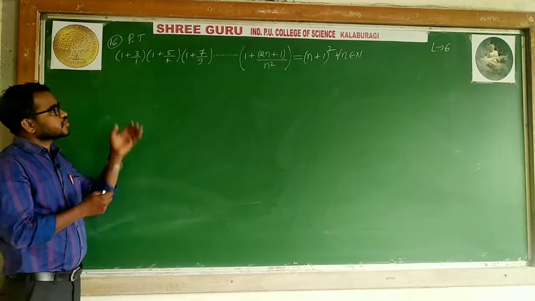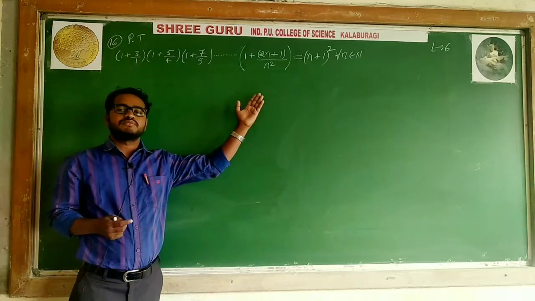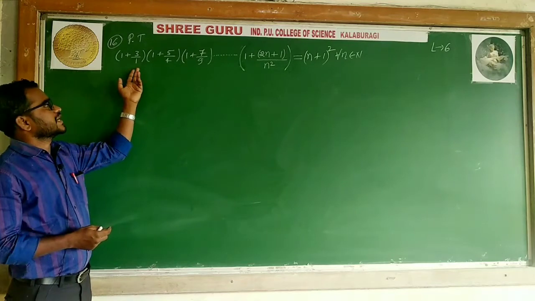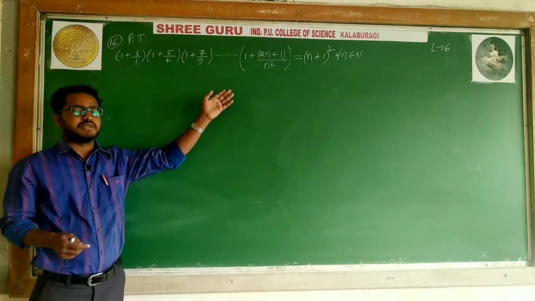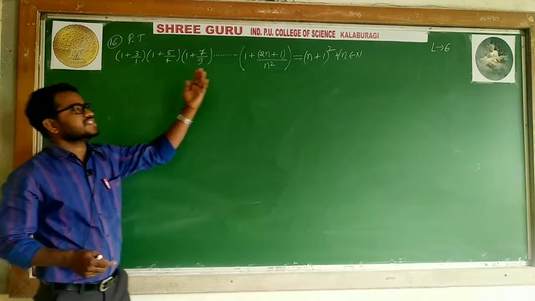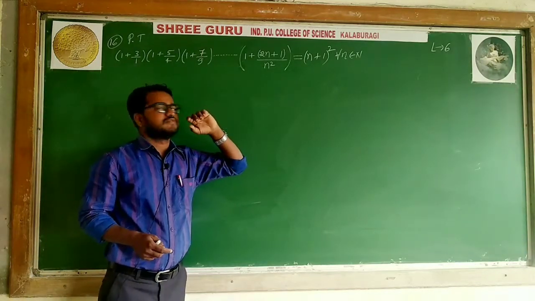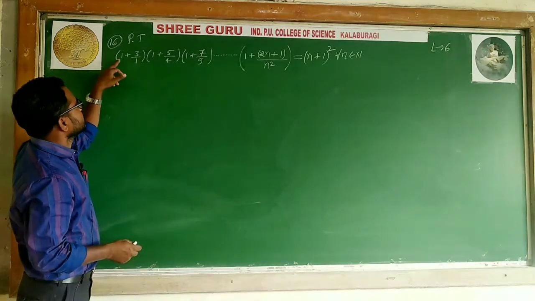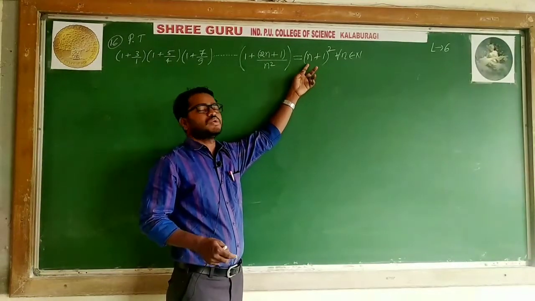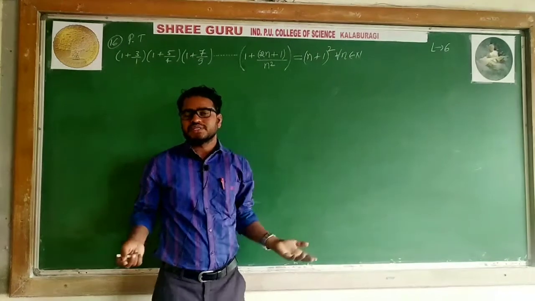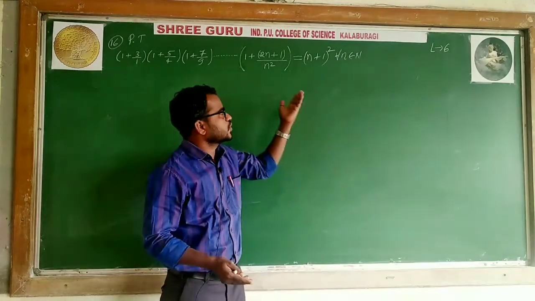This value is equal to (n + 1)². For example, n equal to 1: 1 plus 3 by 1 is 4, so substituting n equal to 1 you get 4, and obviously LHS equals RHS.